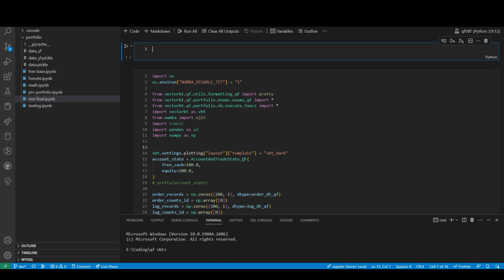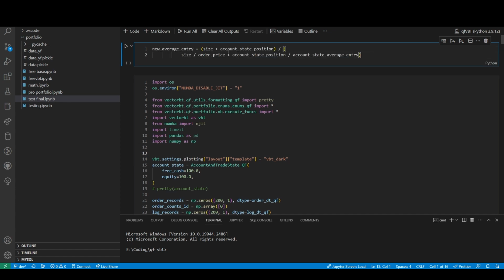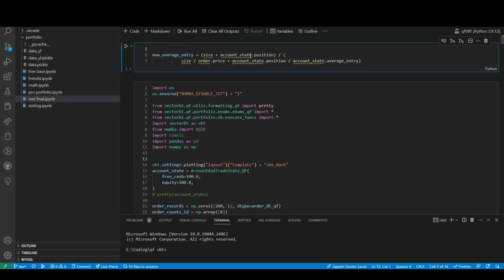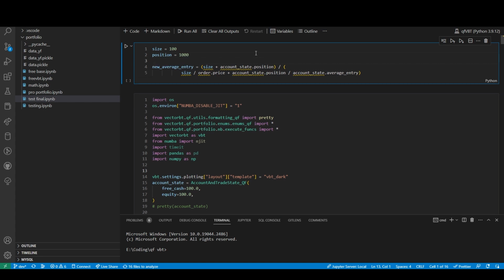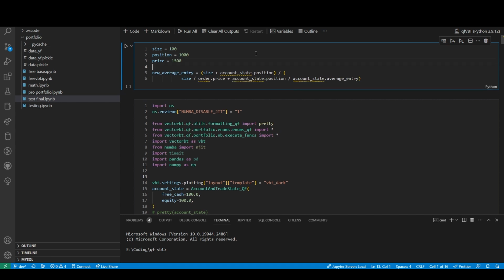So we have this. Size equals 100. Position equals 1000. Price equals 1500 because we're going up.